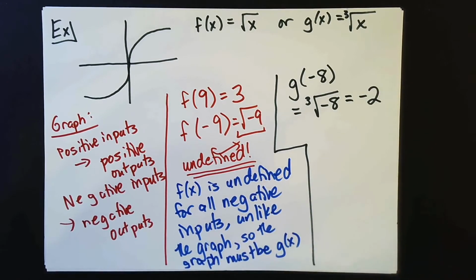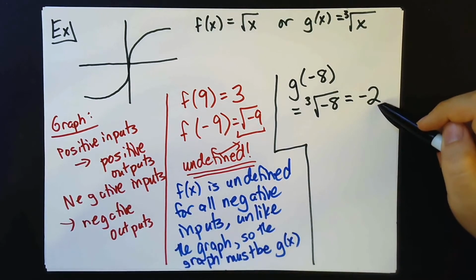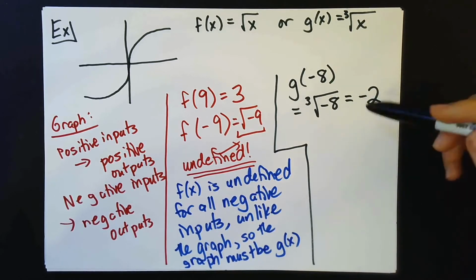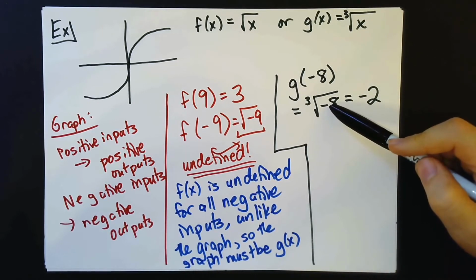Why? Well, this is the same thing we talked about in the previous example. When I cube negative 2, I actually get 3 minus signs. 2 of those minus signs cancel, and I still get negative 8.